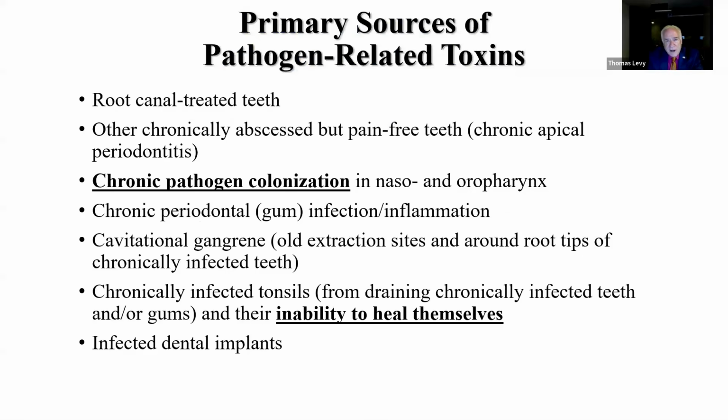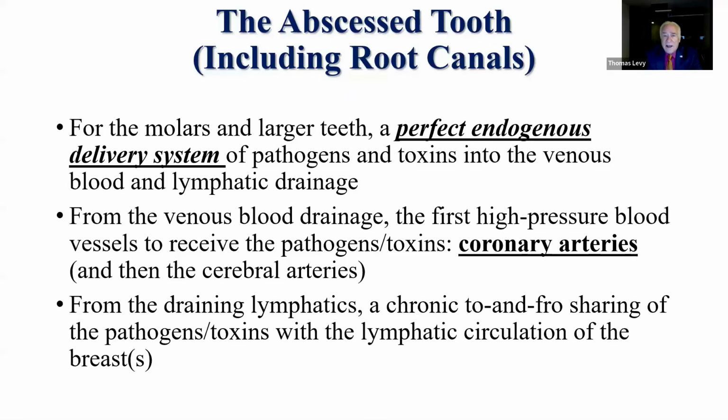The primary sources of pathogen-related toxins are in the mouth: root canals, chronic pathogen colonization, chronic gum disease, chronically infected tonsils. Now, we're going to go into why pathogens in the mouth are almost the exclusive reason for developing coronary artery disease and having a heart attack.